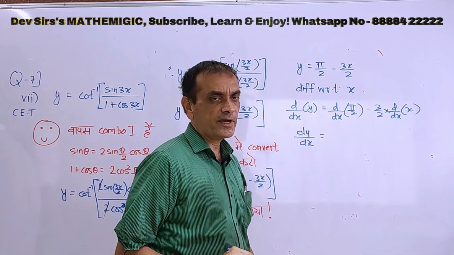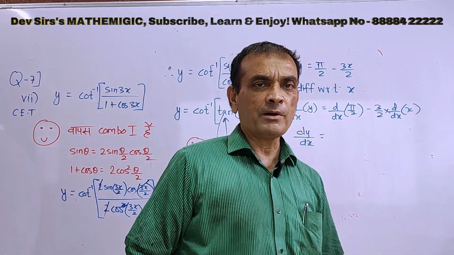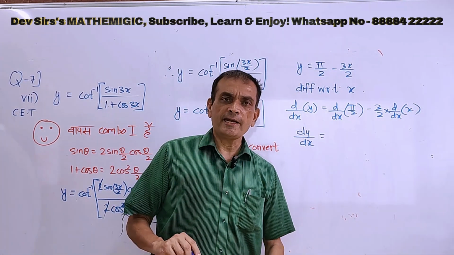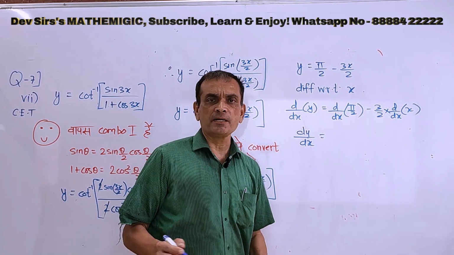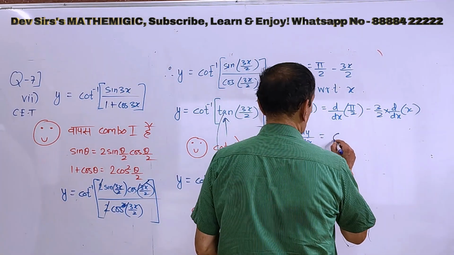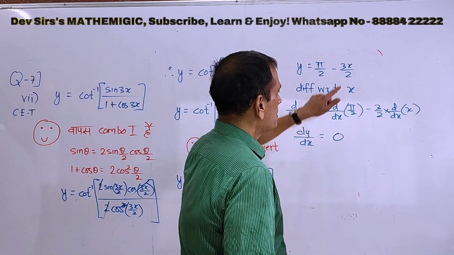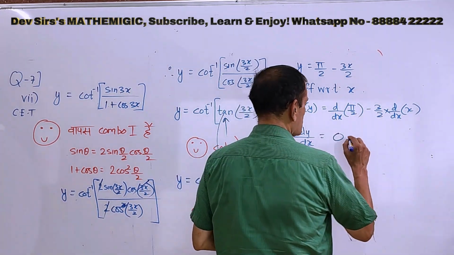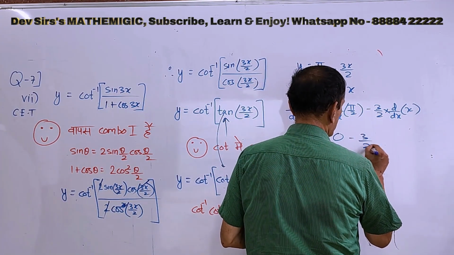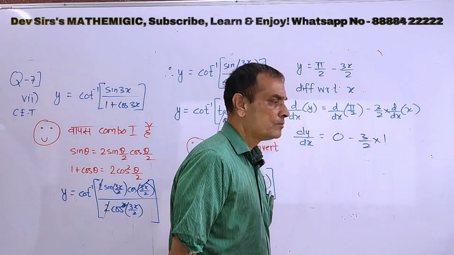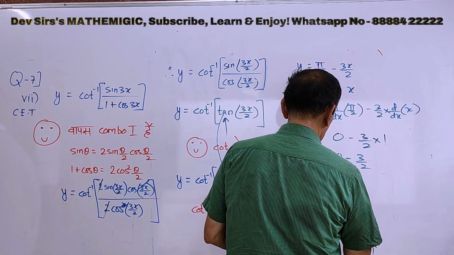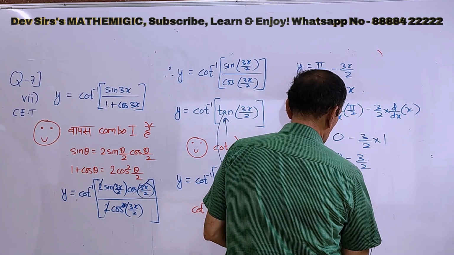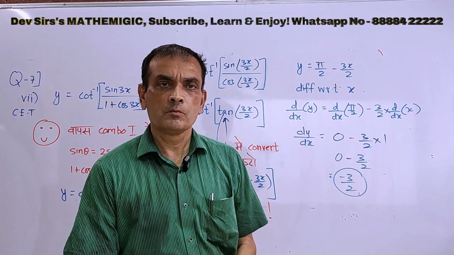In the earlier sum we had seen derivative of pi by 2 is 0, because 90 is a constant, pi by 2 is a constant, derivative of any constant is 0. 3 by 2 constant साइड में है, derivative of x is 1. So 0 minus 3 by 2. Final answer is minus 3 by 2. Simple.